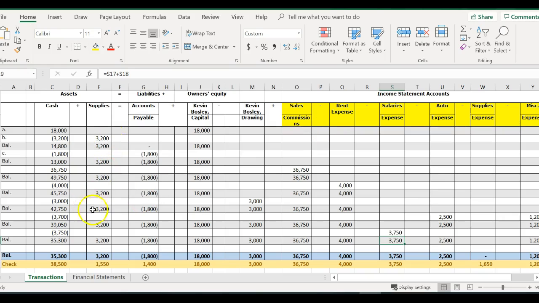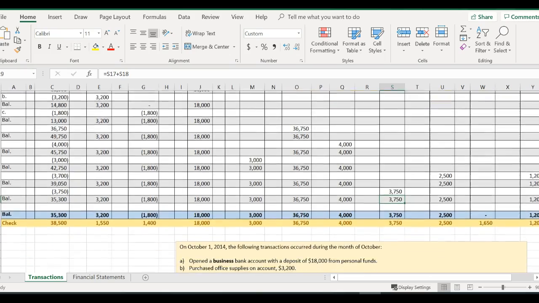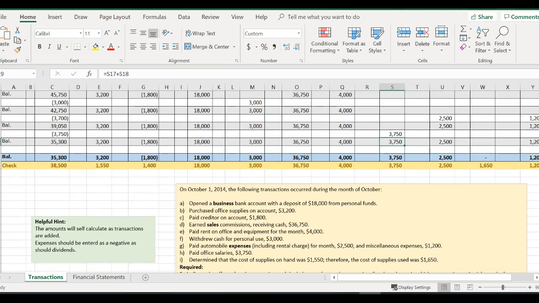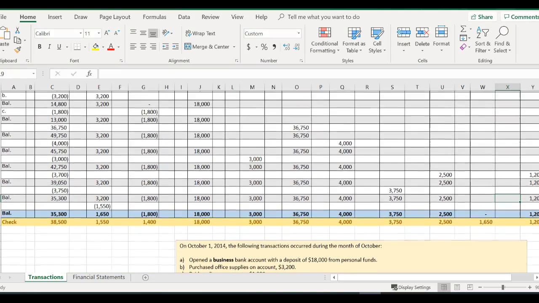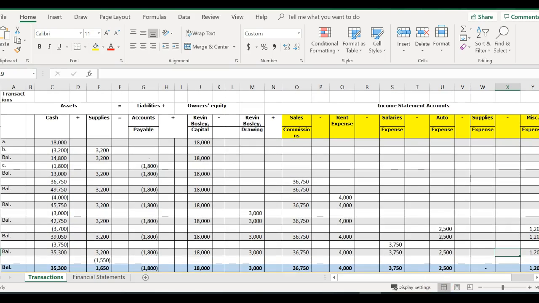I need to take $1,550 out of this. So right here, I'm going to reduce my supplies by $1,550. And I'm going to find my expense account over here, and that's going to be increased by $1,550.